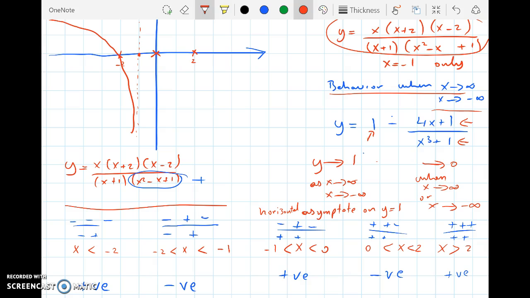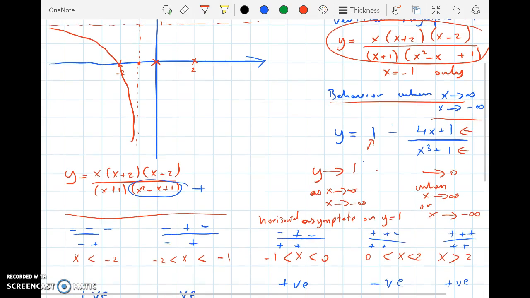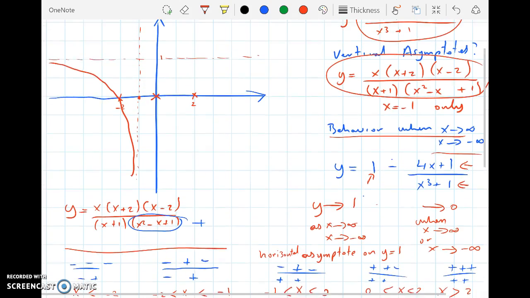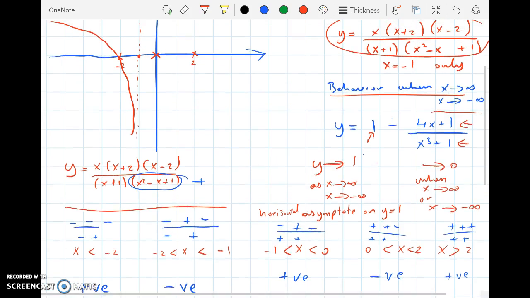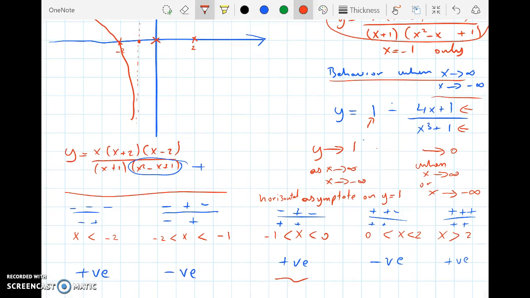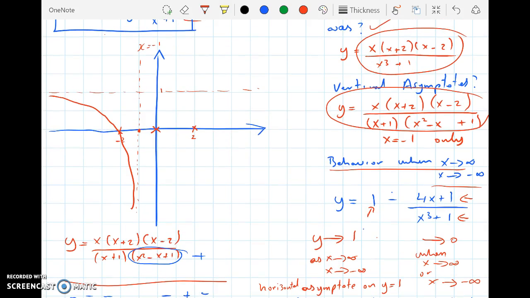It's gone from positive to negative, going through minus 2, and the asymptote at x equals minus 1. And what we've got is it's gone back to positive here, which often it does. Not all asymptotes do that if there's a square involved, but it's gone to the other side now, and so it's doing this.